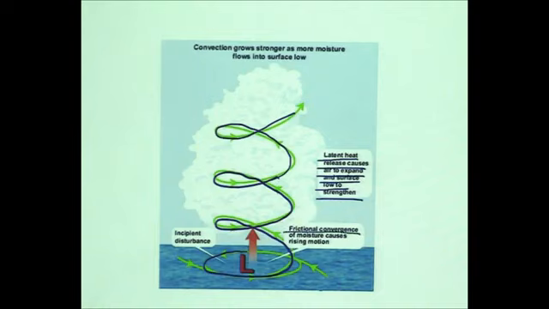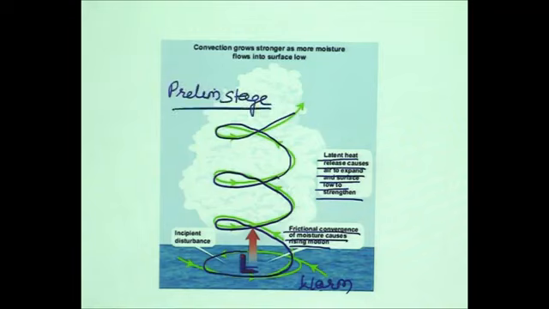Frictional convergence of moisture causes rising motion, and this low is the beginning low that is developed due to warm ocean. We can easily call it the preliminary stage of development of tropical cyclone.